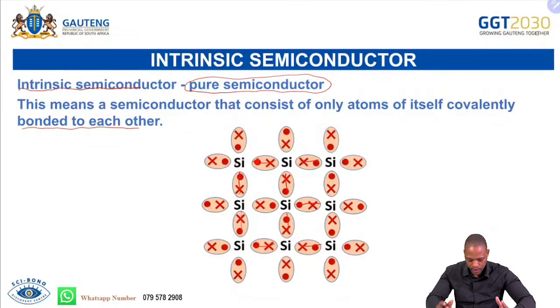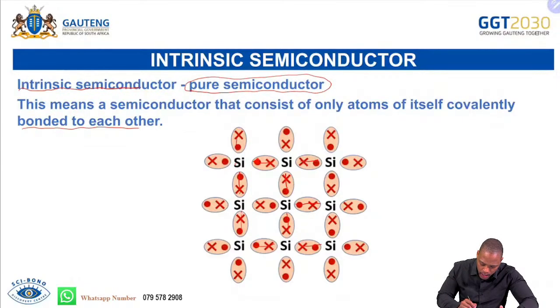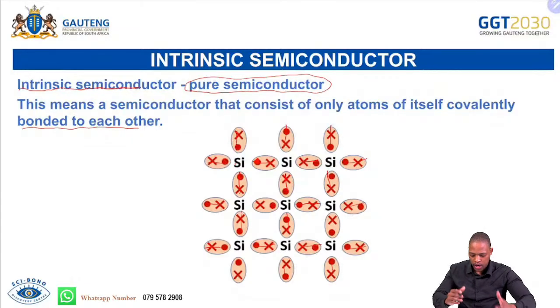Why are we saying everything here is stable? Well, if you look at silicon, each and every silicon here has 4 bonds around itself, or ultimately 8 electrons, as was the discussion in grade 10, to say atoms are usually stable when they have 8 electrons.